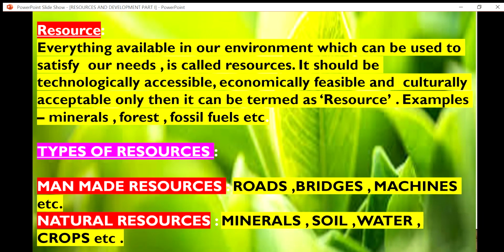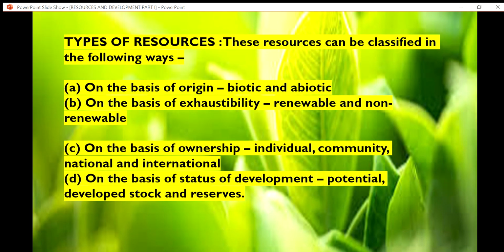Now, types of resources: man-made resources and natural resources. Here we classify resources on different bases. First of all, on the basis of origin, they can be biotic and abiotic.